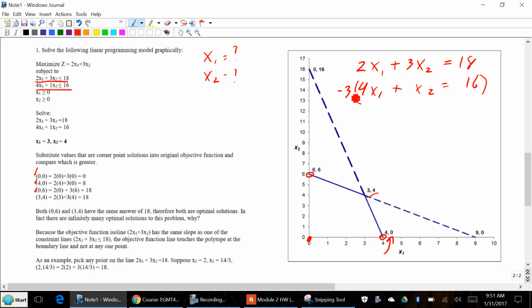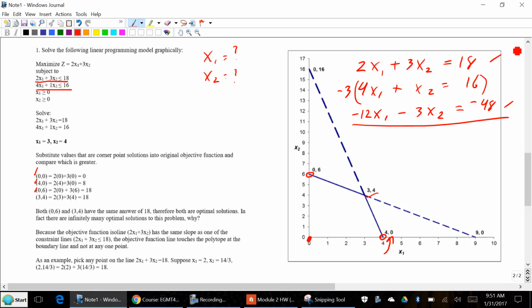So what I'm going to do is take this guy right here and multiply it times -3. Then this will give me negative 12x1 minus 3x2 equals negative 48. All right? Now I'm going to take this guy right here and add it to this guy right here.